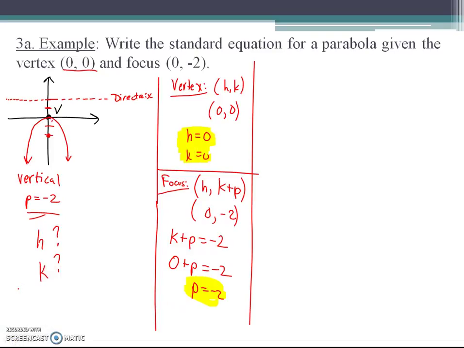Put that together with the fact that it's a vertical parabola. A vertical parabola has that general form, (x - h)^2 = 4p(y - k). And now plug your h, your p, and your k values in.